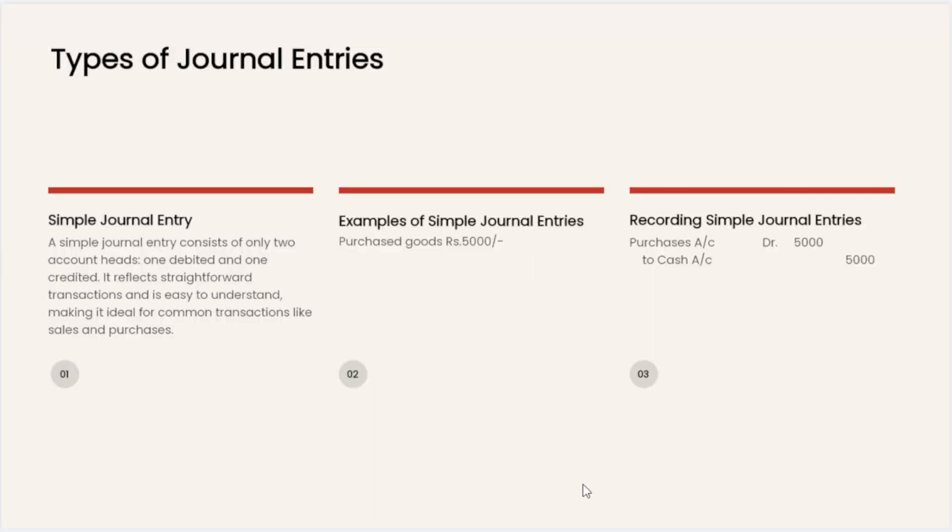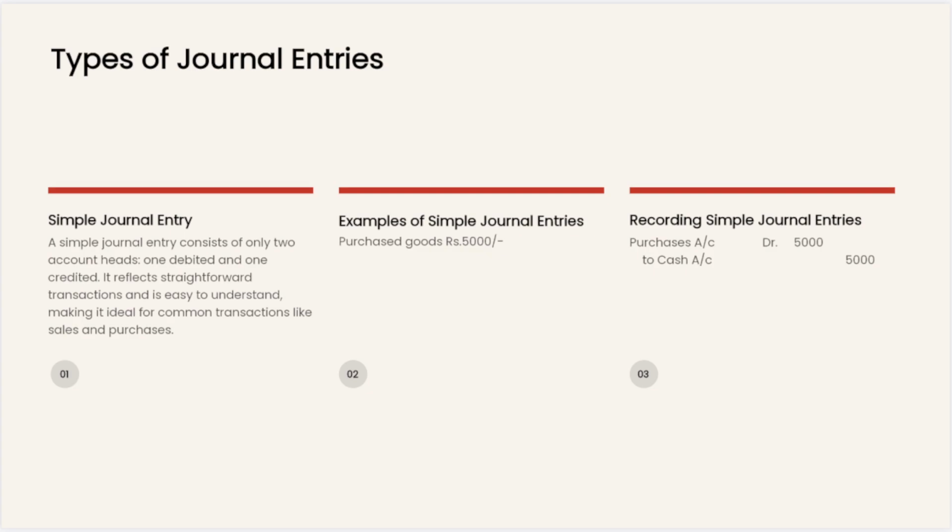In a simple journal entry, there are only two accounts, so one is debited and one credited. It is very straightforward in any transaction and very easy to understand.